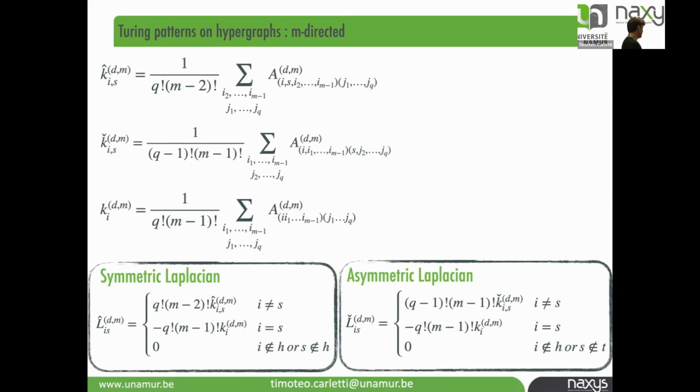There are some papers where they say asymmetric or directed hypergraph, but I never found this asymmetric Laplace matrix. The Laplace matrices in the papers are always the symmetric ones. I think this is really the key to having this directionality, because the spectrum of this matrix is now complex, while the spectrum of this one is real. If you sum them up, this is the one that wins. So at the end, you will have a complex spectrum.